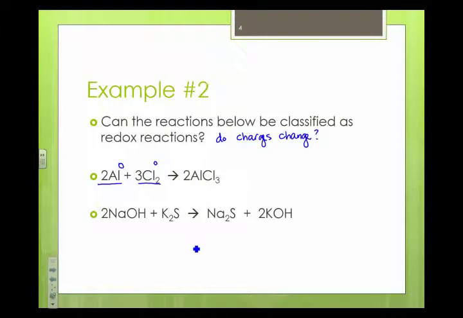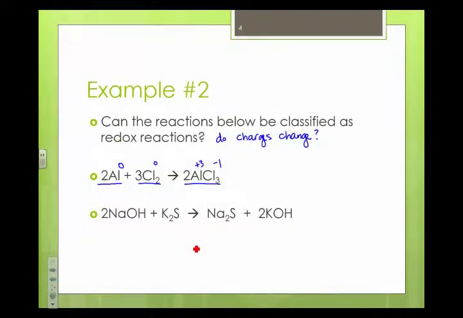When I look at my products, now I have some charged species because aluminum and chlorine are forming an ionic compound. Aluminum, given the context of this formula, forms a +3 ion, and so it also has a +3 oxidation number. Chlorine forms a -1 ion, so we talk about it as having a -1 oxidation number.